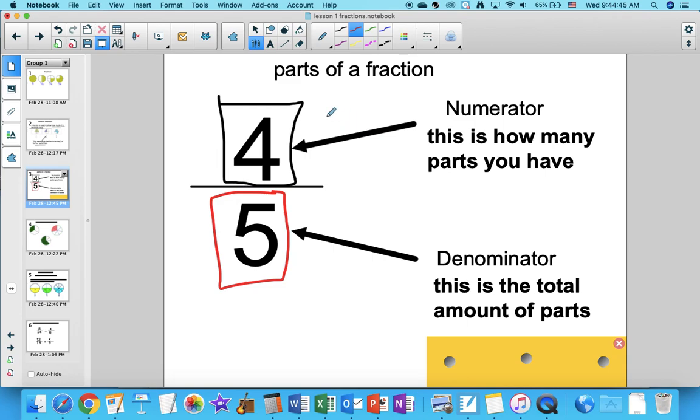So what this is saying is that I have 4 out of 5 parts. That's all fractions are. If I had 1 out of 2, I have 1 out of 2 parts. If I have 3 out of 10, I have 3 out of 10 parts, right? Fractions are just telling you how many parts you have out of a total.